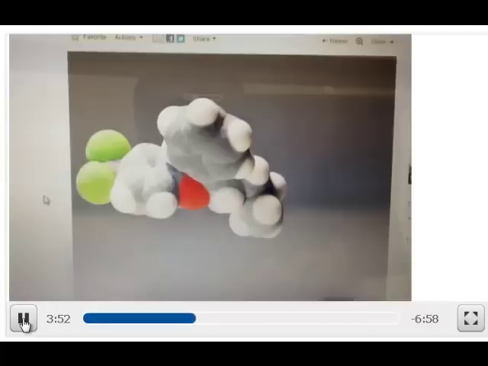You see how the molecule bends. You have a little kink here, a little groove here, and all these different pockets that might be hard to see in 2 dimensions.